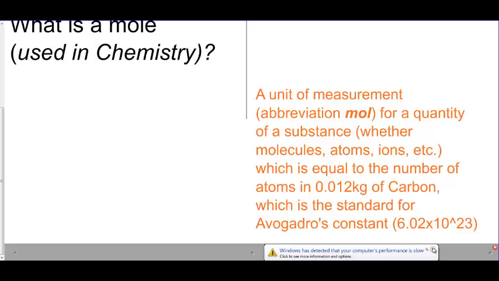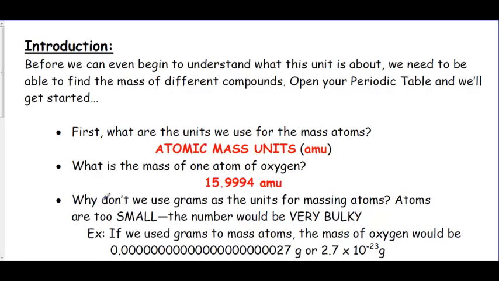And so this is actually going to be the standard that's used to give us the number for Avogadro's constant, which is 6.02 times 10 to the 23rd. And I use this little half arrow here to express the exponent on the 10, 10 to the 23rd.